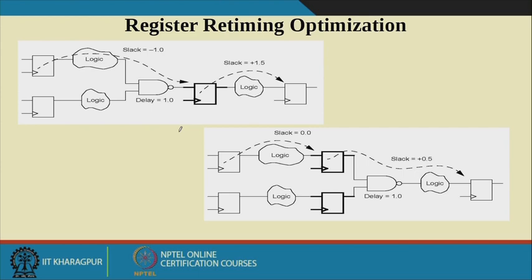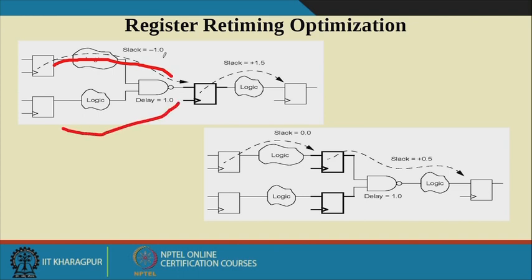Then this register retiming optimization, how you can do this, that means how the tool does the register retiming automatically, that you can see. Suppose here I have these two registers, so one path is this one and another path is this one.